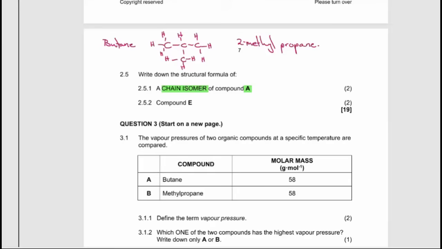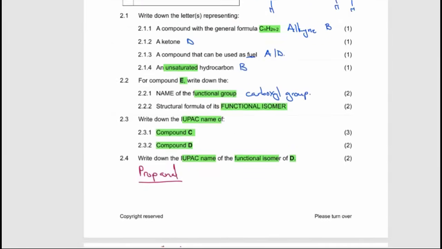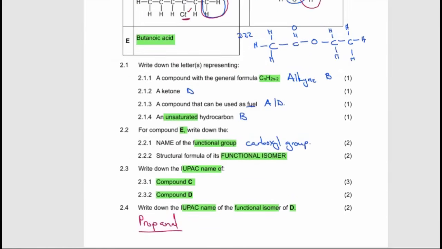So this is the chain isomer of compound A. Then they are saying, write down the structural formula of compound E. So let's look at our structure E. E is butanoic acid. Having a butanoic acid, we are looking for that structure.